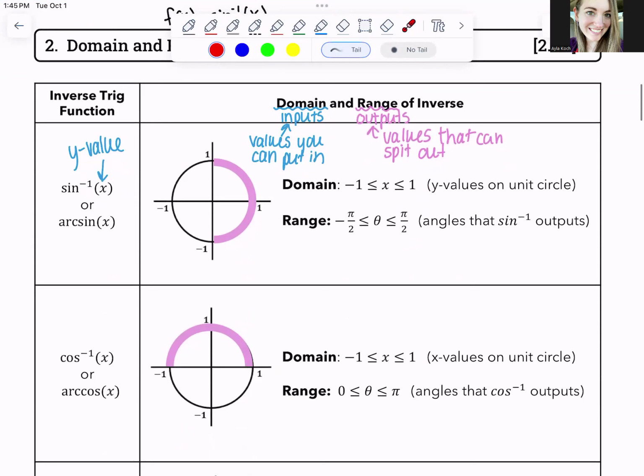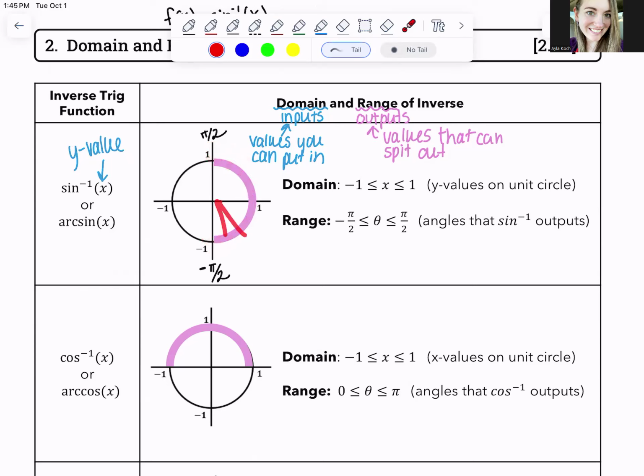And the values that we as mathematicians have decided will get spit out are the angles between -pi/2 and pi/2. Because if we start here and we end here, we've made sure that every y value between -1 and 1 has a corresponding point somewhere on here.